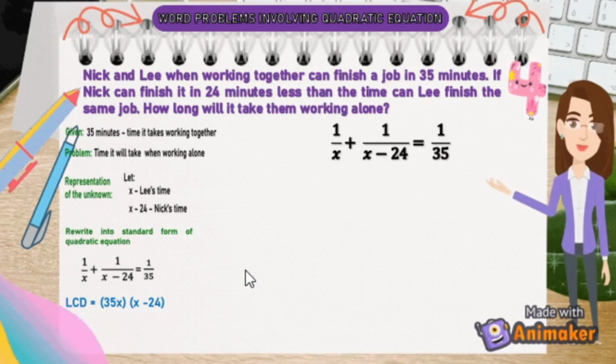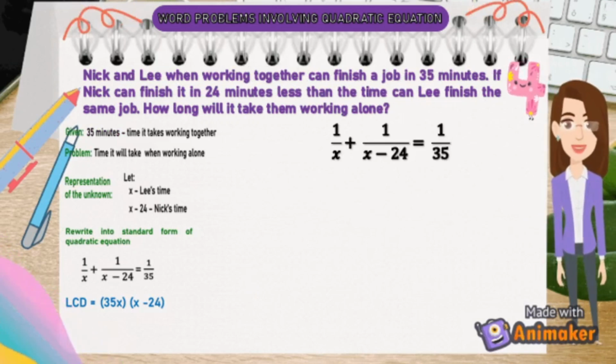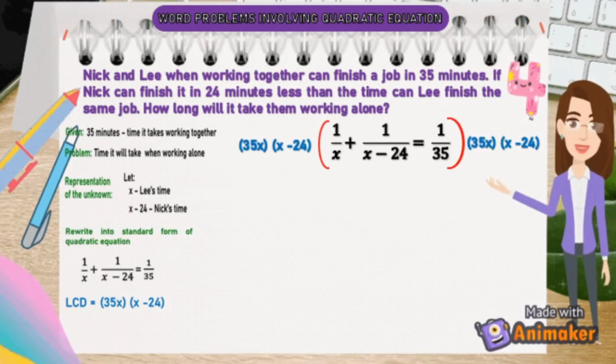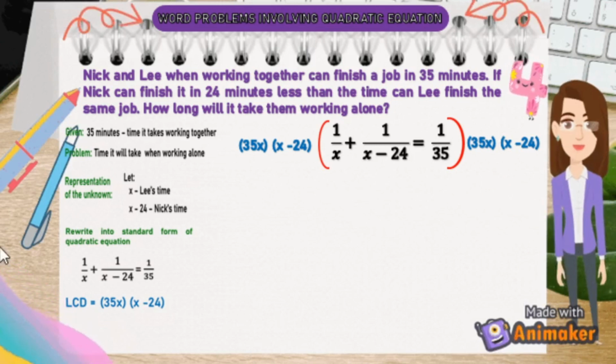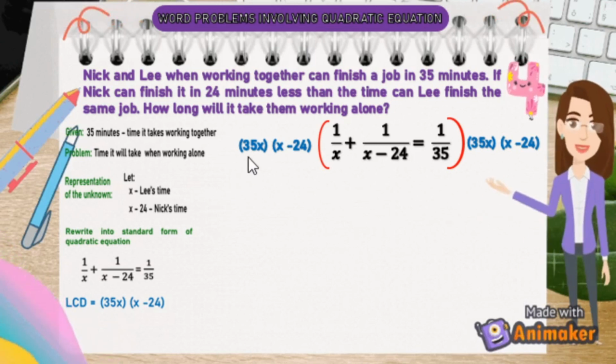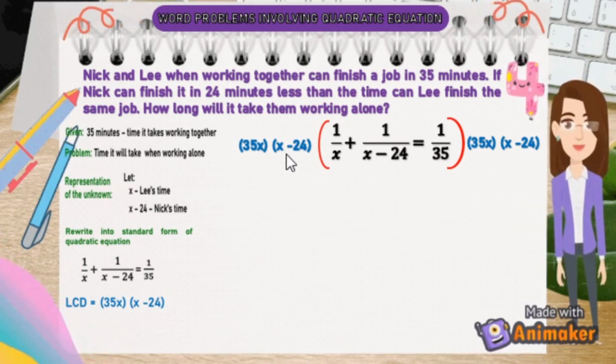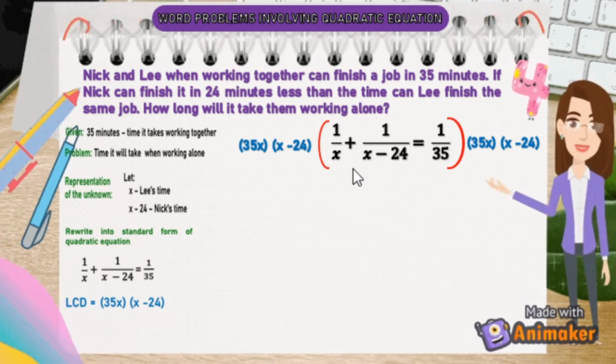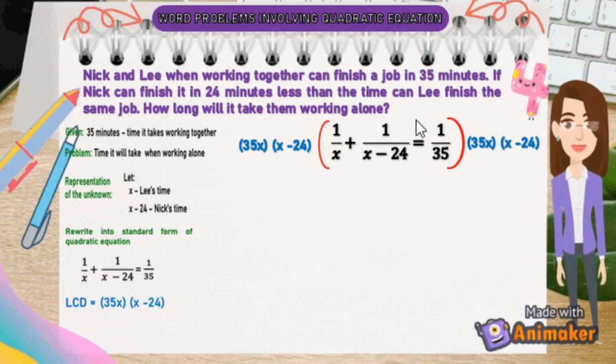So, we have to multiply the whole equation, the left and the right side of the equation, by our LCD. So, our LCD, 35x multiplied by x minus 24, we will multiply to our whole equation.